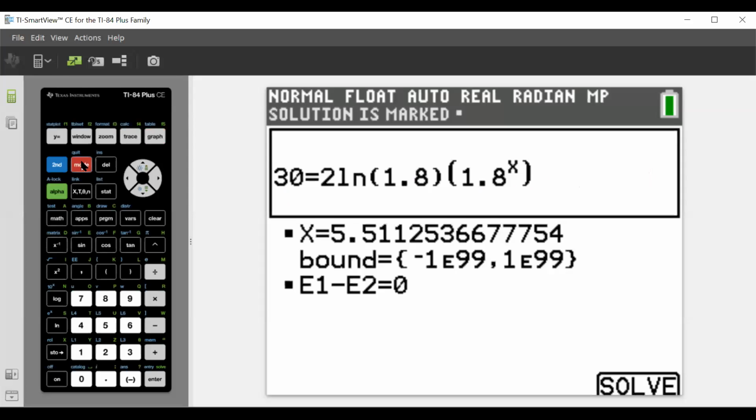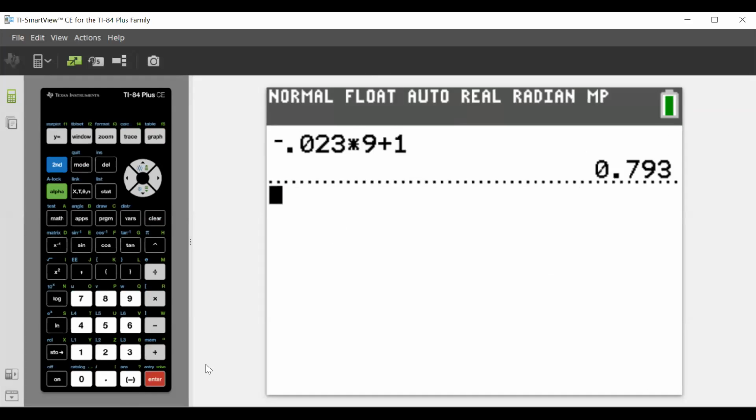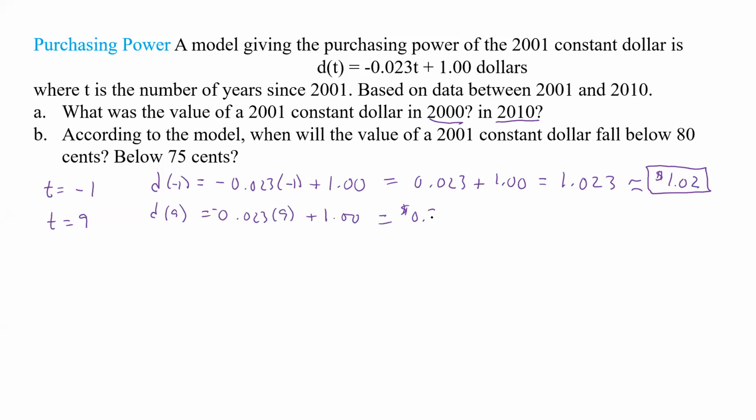Remember to use the negative key when you mean negative something: negative 0.023 times 9, and then plus 1. And so 0.793, and if we round that, it's 0.79. So basically 79 cents is going to be the value in 2010.